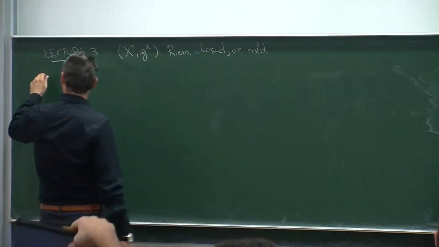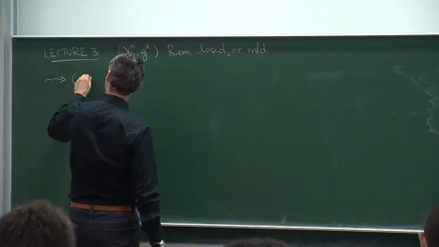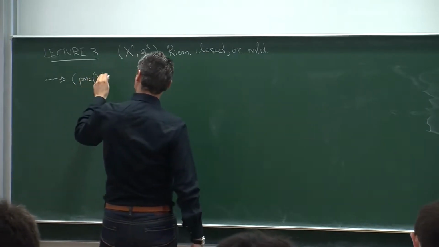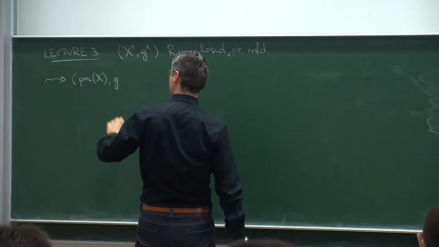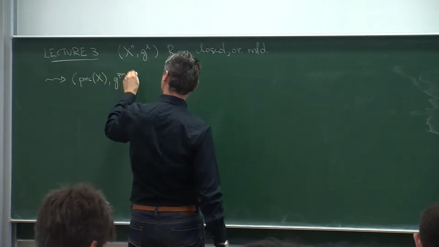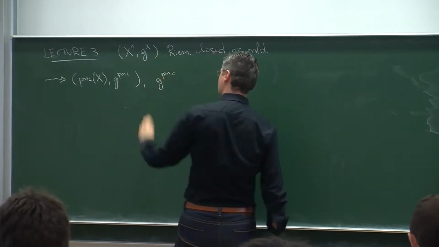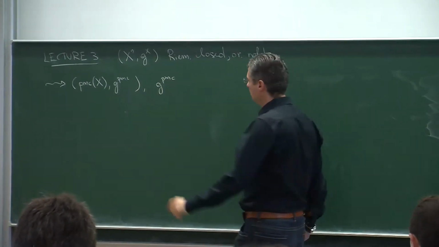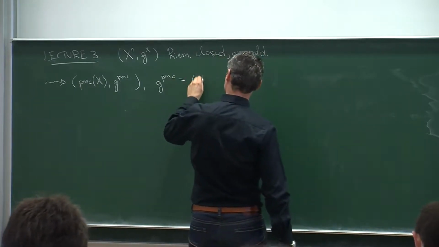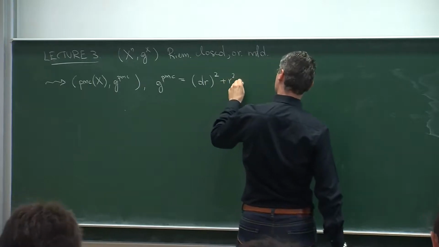And then we had associated to it what we called the punctured metric cone. It's, as the name says, equipped with a metric as follows. You take dr squared plus r squared g_X.